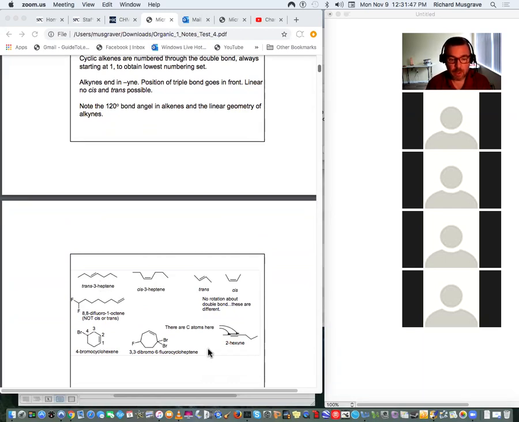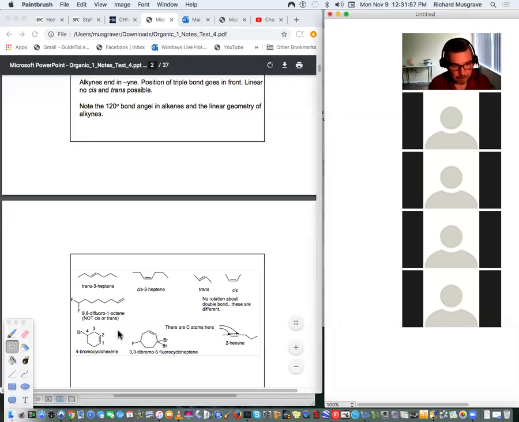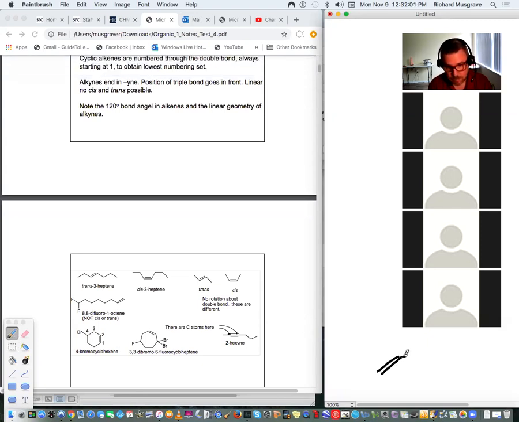In the case of an alkyne, make sure you draw it as a straight line, because it is incorrect to draw an alkyne like this. I see this all the time. I'm not real fond of this. I do see that kind of thing, and I want you to know that that's incorrect, because the bond angles just don't match that.